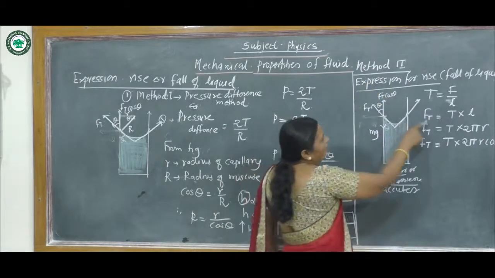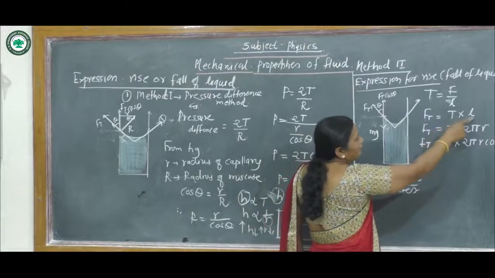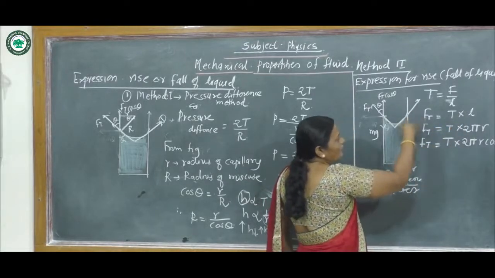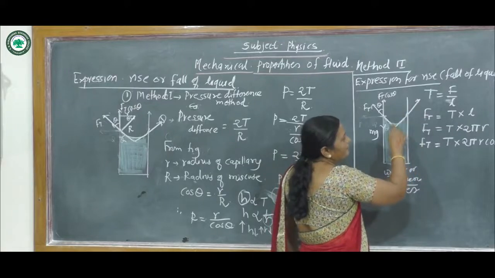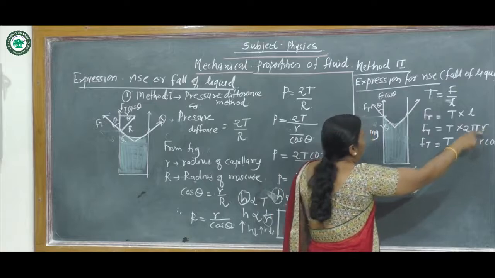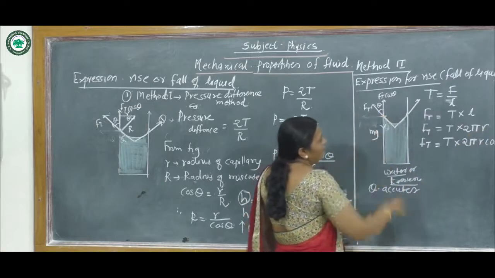We can write Ft is equal to T into length. Here the length is the circumference of this meniscus, which is 2 pi r, where r is the radius of this capillary tube.